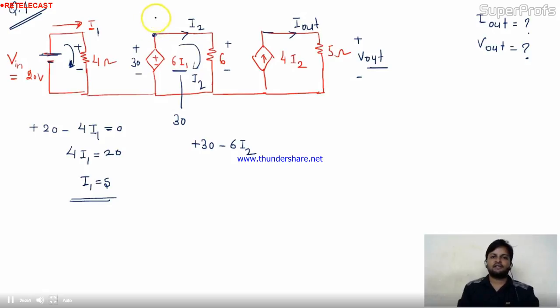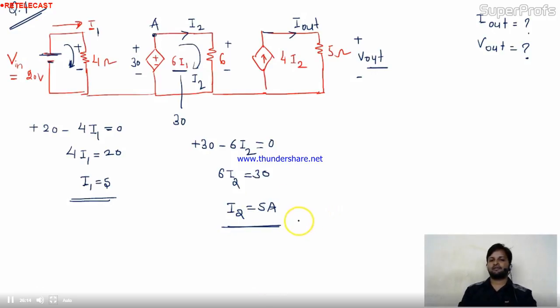If we analyze the circuit, we start from one point and come back to the same point, so this is a closed path and the sum equals 0. So 6 I2 is 30, and I2 is also 5 ampere.